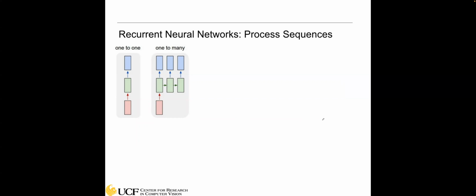Not just one-to-one. We can have a case like one-to-many. You have an input, but you output a sequence. So can anyone provide an example? What is an example where you have one input, but you generate many outputs?